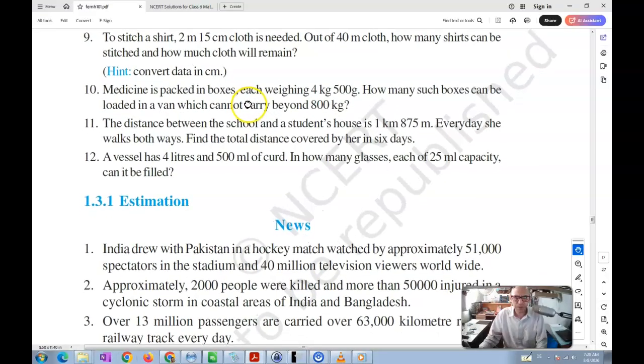Okay, so next we have question number 9. We have to stitch a shirt, and 2 meters 15 centimeters of cloth is needed. Out of 40 meters of cloth, how many shirts can be stitched, and how much cloth will remain?